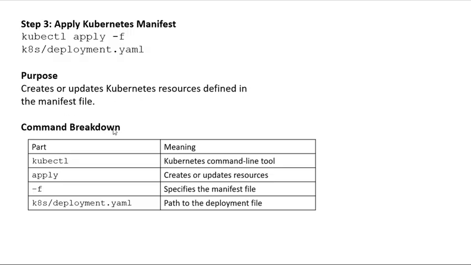The breakdown: kubectl is the Kubernetes command line tool, apply means create or update the resources, -f specifies the manifest file, and k8s/deployment.yml is the path to the deployment file.